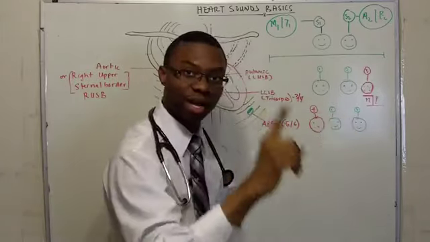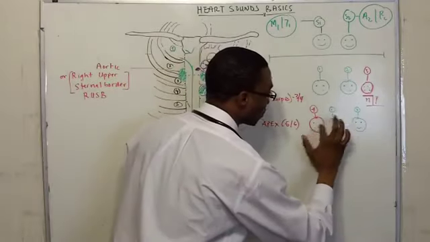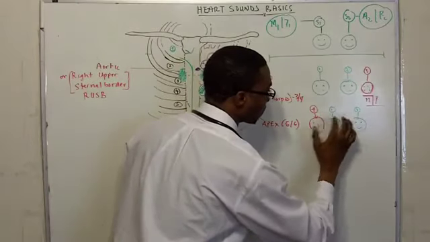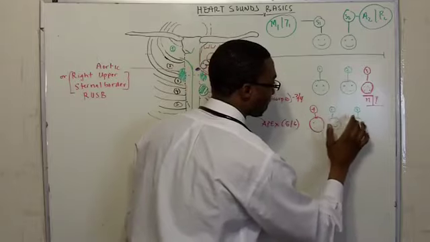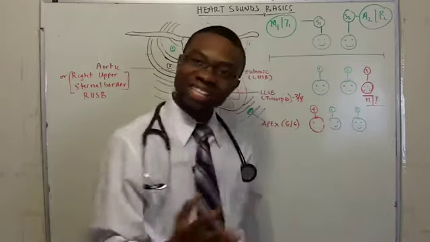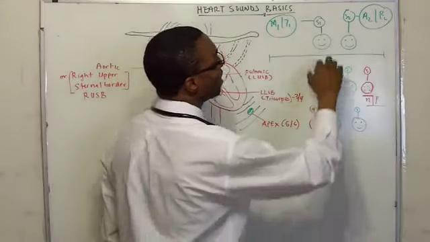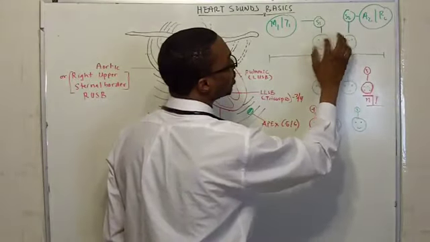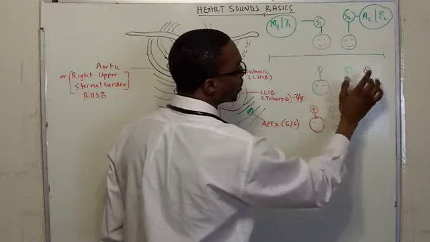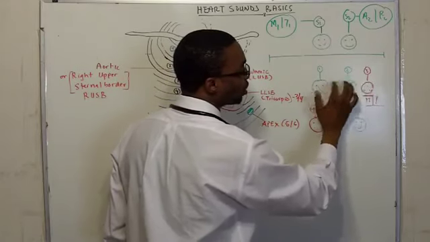S4, S4, S1, S2. So that's how I do it. Very, very easy. So let's try S1, S2, S3 again. 1, 2, 1, 2, 1, 2, 3, 1, 2, 3, 1, 2, 3.